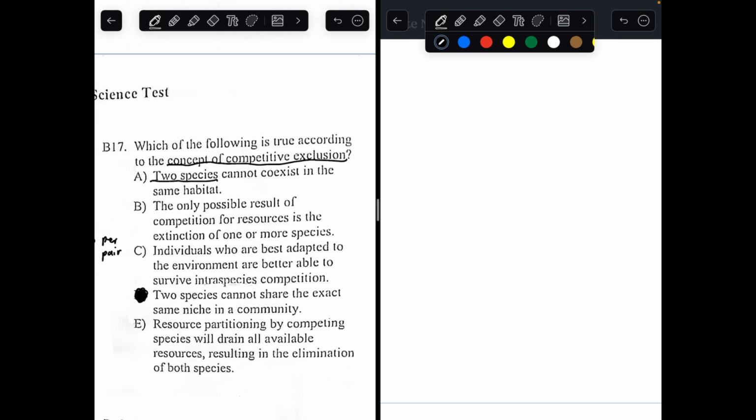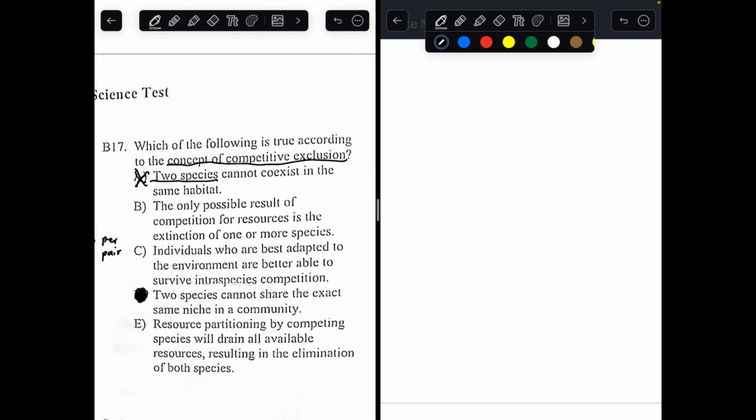What if these two species help each other? What if it's a symbiotic relationship? What if it's mutualism or commensalism, where, in mutualism for example, both benefit? They're not going to fight each other. So they can both coexist if that's the case. So A is wrong because coexisting is not the same as competing.